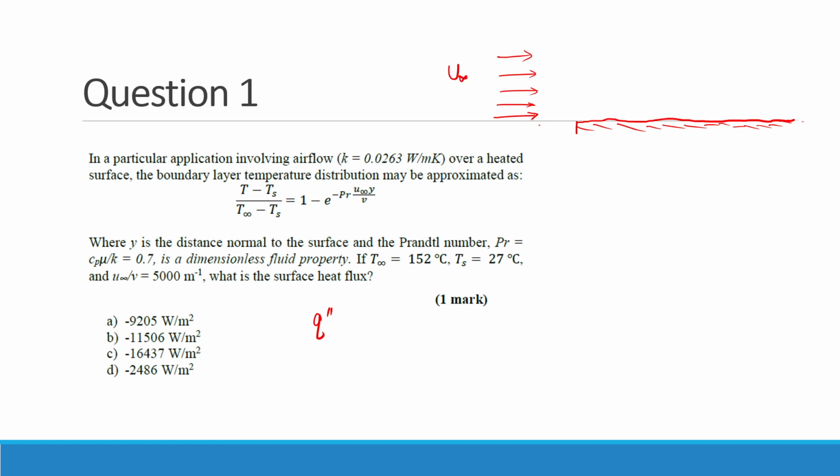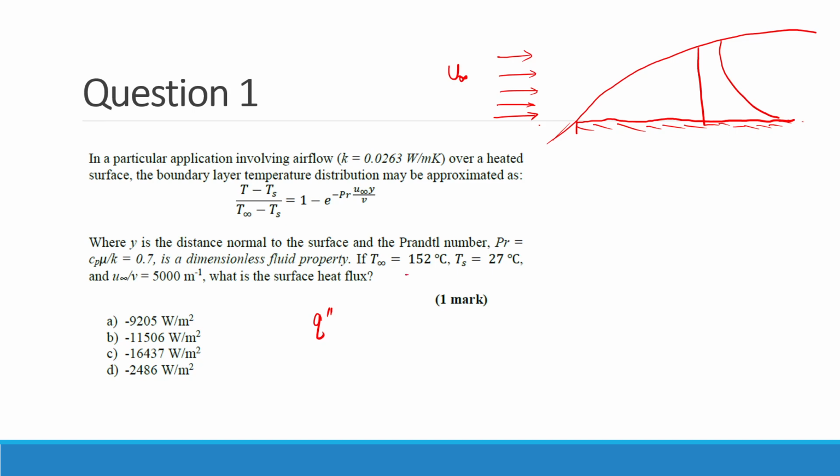Then we have been given that the boundary layer temperature distribution may be approximated by the given equation. So let's just consider this as our boundary layer, and within this boundary layer we have been given this temperature distribution.